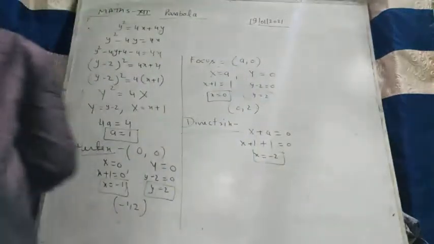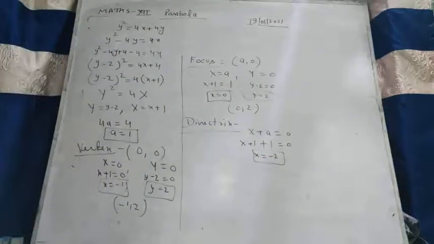So capital X is x plus 1 and our a is 1, so x plus 1 plus 1 is equal to 0, so x is equal to minus 2. So directrix is x is equal to minus 2.